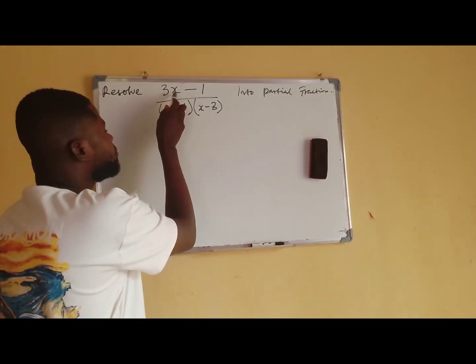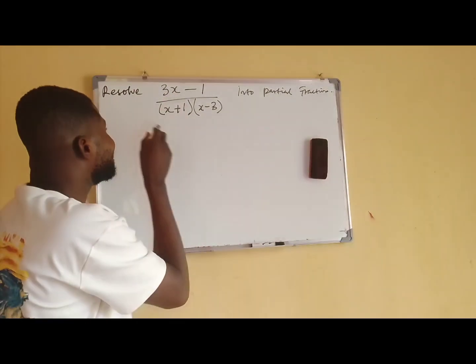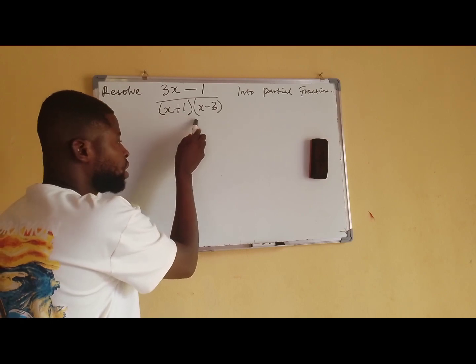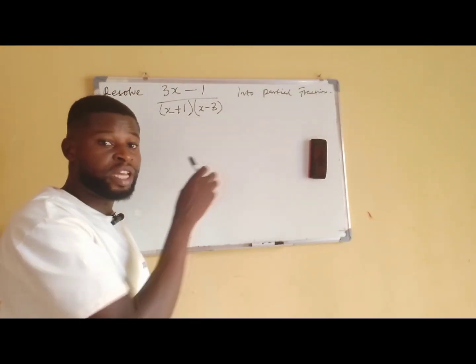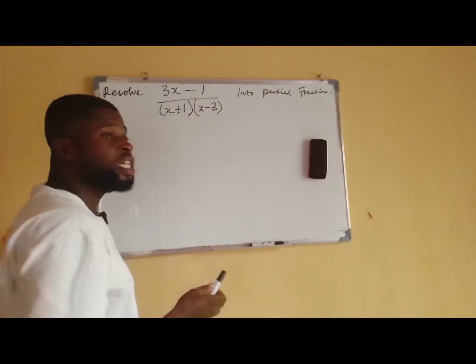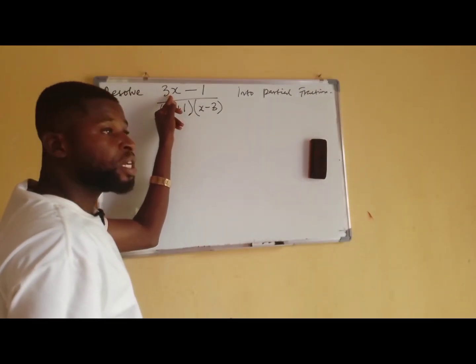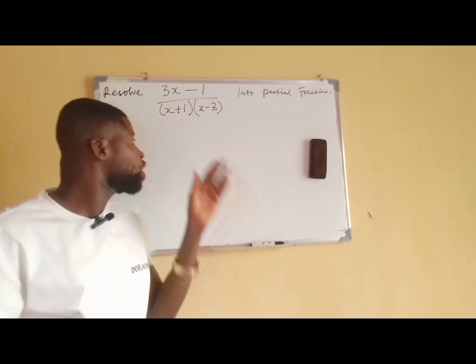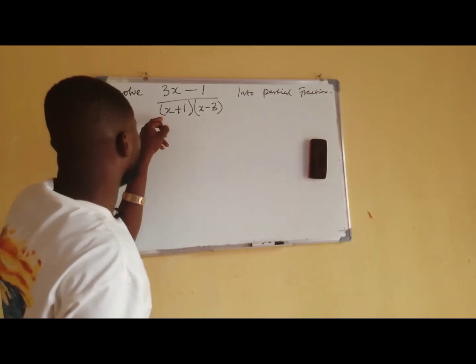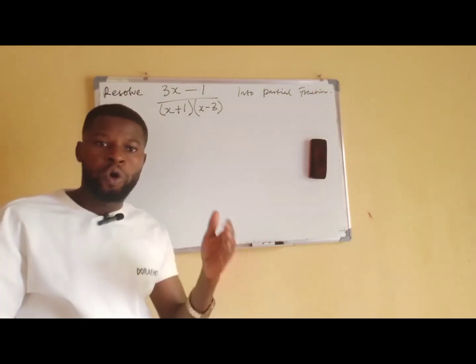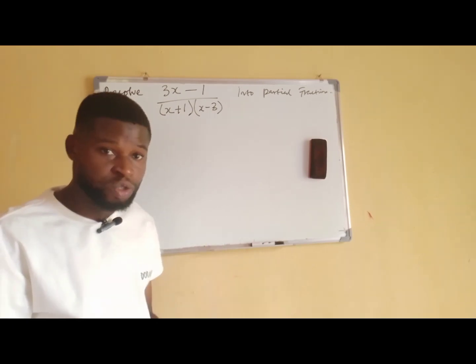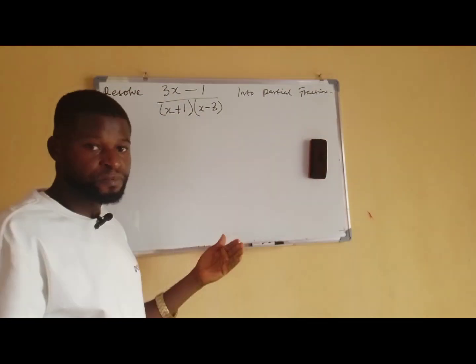If the power of the numerator is less than the power of the denominator, then you solve true. But in a case whereby the power of the numerator is either equal to or greater than the power of the denominator, there is something we will do.